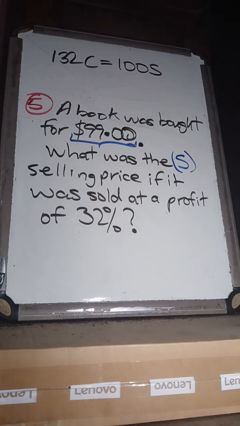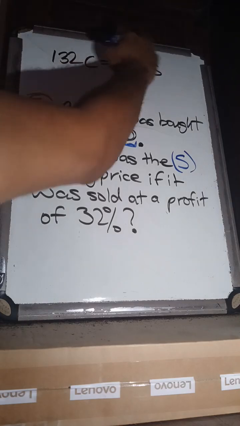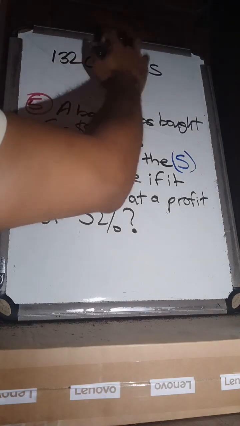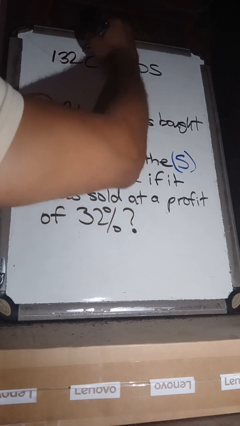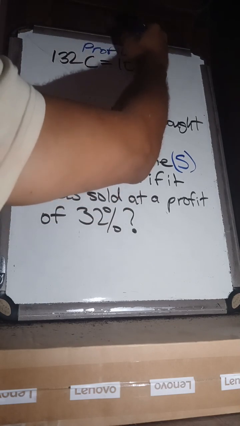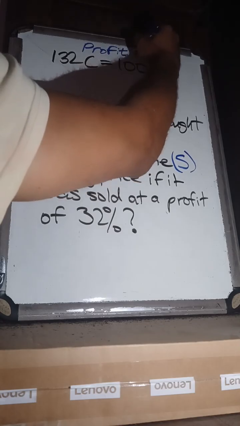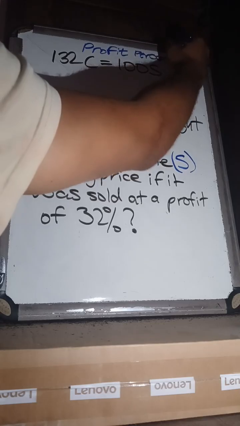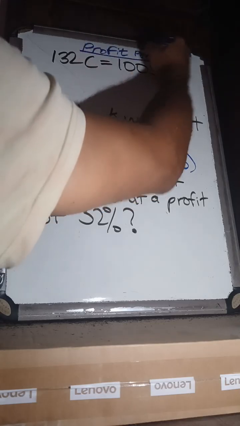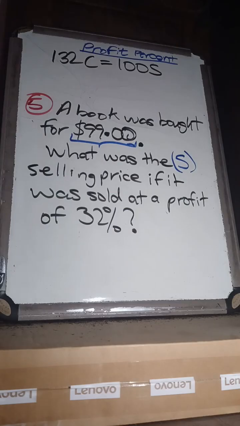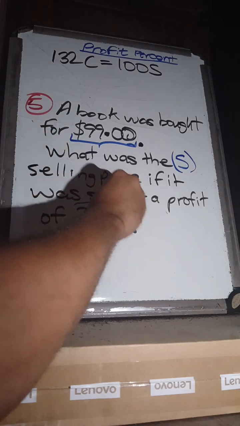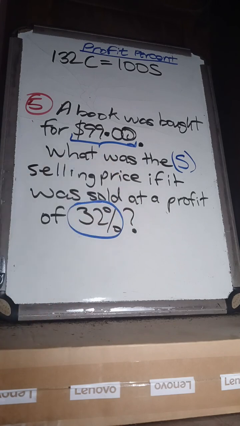So as it pertains to when you have a profit percent, that's the direction we're going in. If it was a loss, we would minus the 32 from the 100, right? So what we do is we take this and add it to the 100.